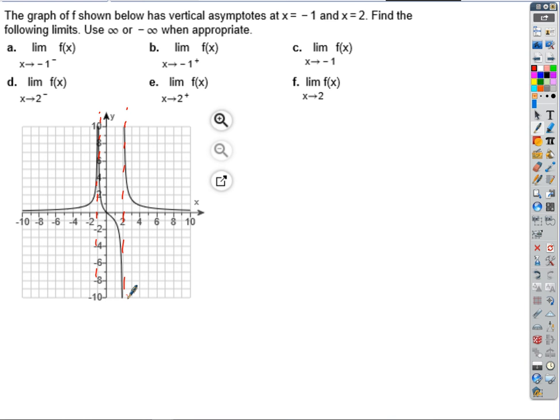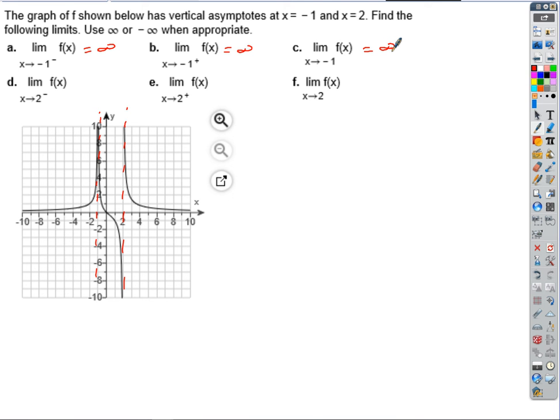Infinity. The ant's walking up to infinity. As we approach minus 1 from the right, walking up to infinity. Does that mean the limit exists? No. But we can at least say that it consistently approaches infinity from both sides.